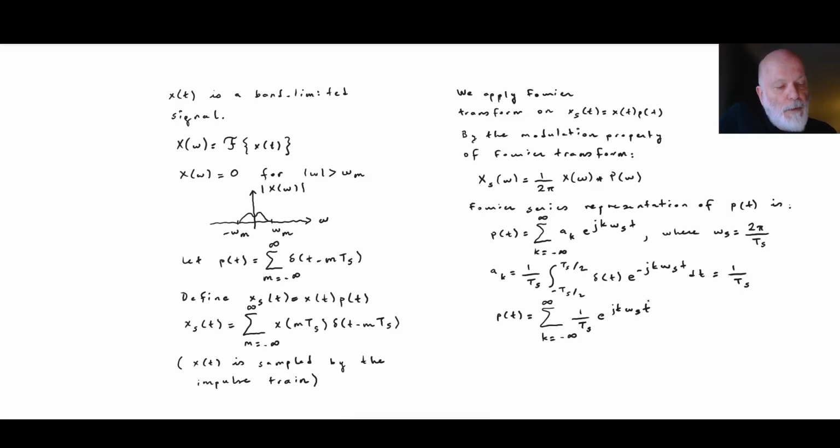Okay, so this is the Fourier series representation of p of t, and the Fourier transform is, okay, let us show it by P of omega. It is equal to the sum over k from minus infinity to plus infinity of 1 over Ts, 2 pi delta of omega minus k omega s.